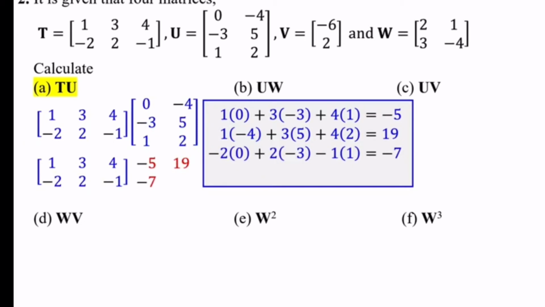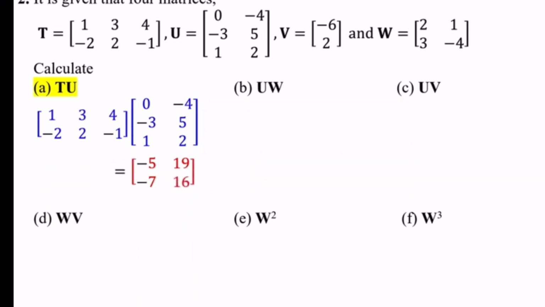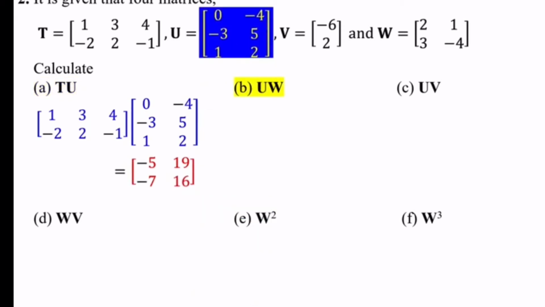So the answer is negative 7. And finally, negative 2 times negative 4 plus 2 times 5 plus negative 1 times 2. So the answer is 16. So finally the answer is negative 5, 19, negative 7 and 16. So this is the answer for matrix T times U.